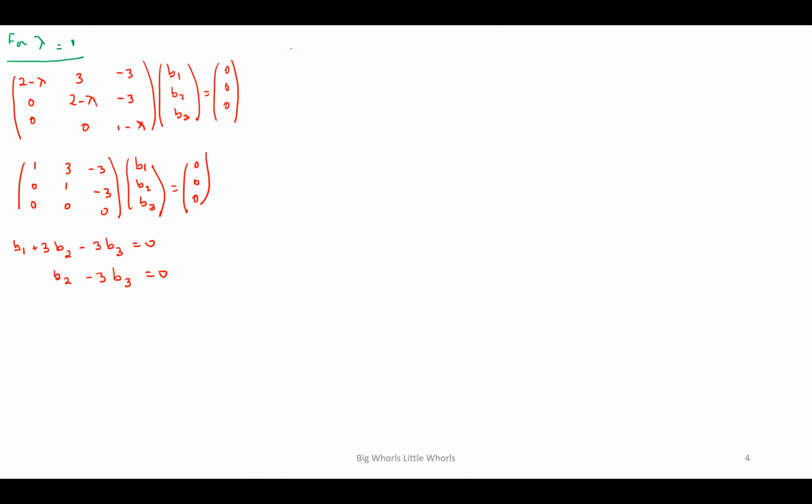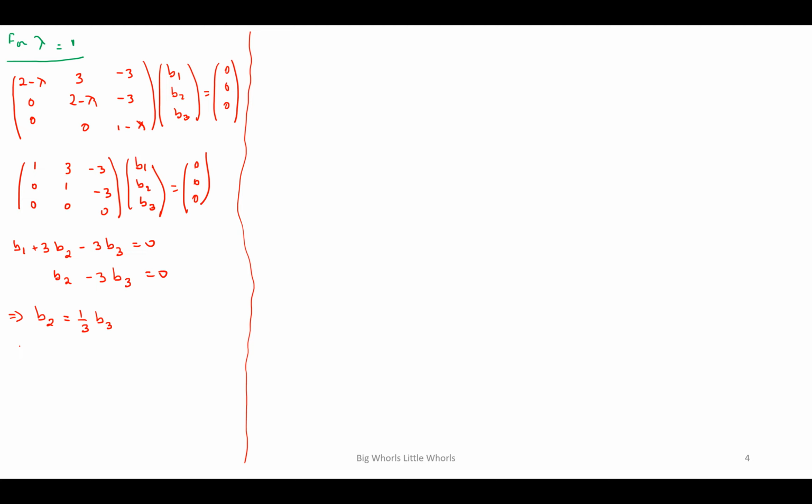So let us solve this. Maybe I can split this page into 3. This means we have b2, which is equal to a third of b3. We can parameterize the solutions, writing the leading variables in terms of the free variables. From our previous chapters, you know how we can write down the solution sets of linear systems by parameterization.